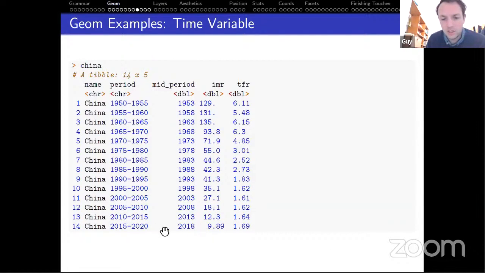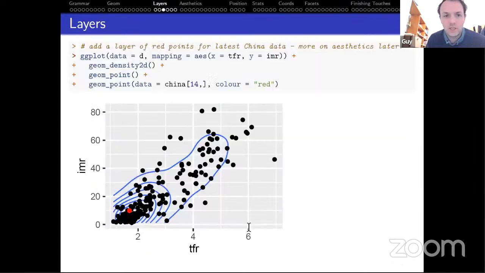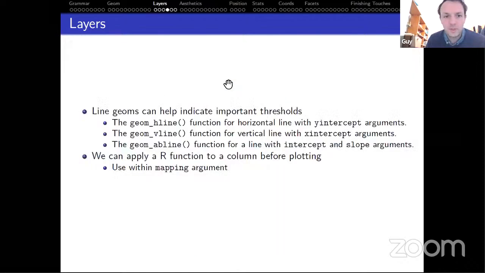So I'm just going to use this last row as the data rather than the whole all-country data set that we're using for all these other points. And I can also specify on this geom_point that I'm going to make it red, right? So this allows us to highlight in this layer a specific point, and in this case, it's the China data. And I've highlighted it using a different color. I'll talk a bit more about the aesthetics very soon.